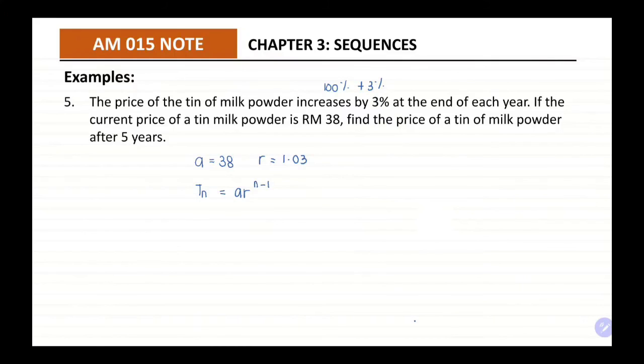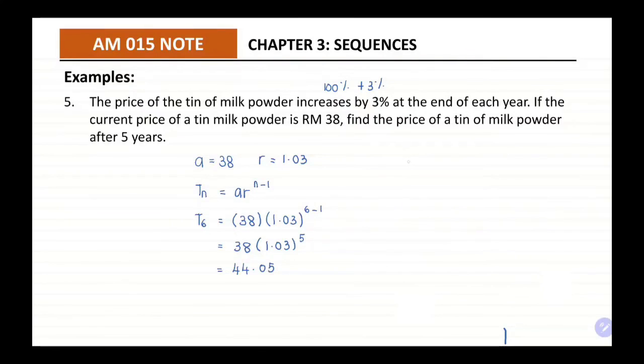The question asks to find after 5 years, which means we find T6. So to find T6, we substitute the values: a is 38 ringgit, r is 1.03, and the power is 6 minus 1. Then we solve 38 ringgit times 1.03 power of 5. Then we calculate, we get 44.05.